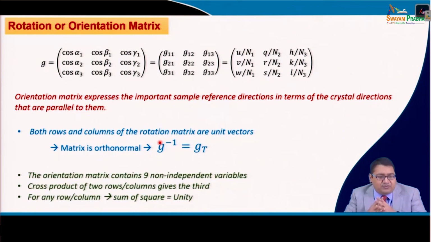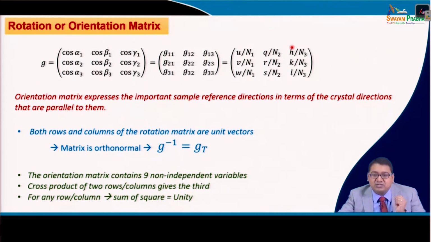Moreover, what we understood from this study is that the orientation matrix basically contains 9 non-independent variables, U, V, W, Q, R, S, H, K, L, divided by their respective square roots. The cross product of 2 rows gives the third one, right.